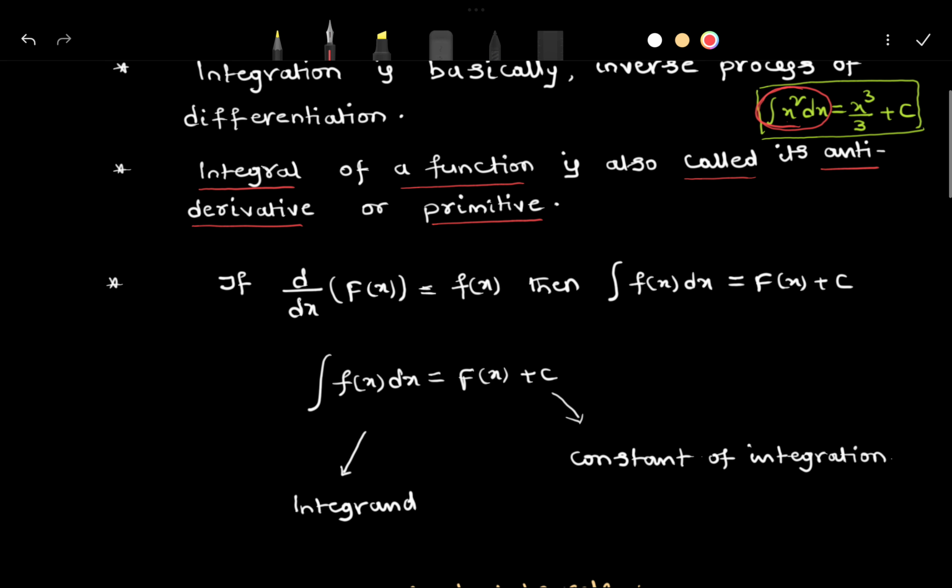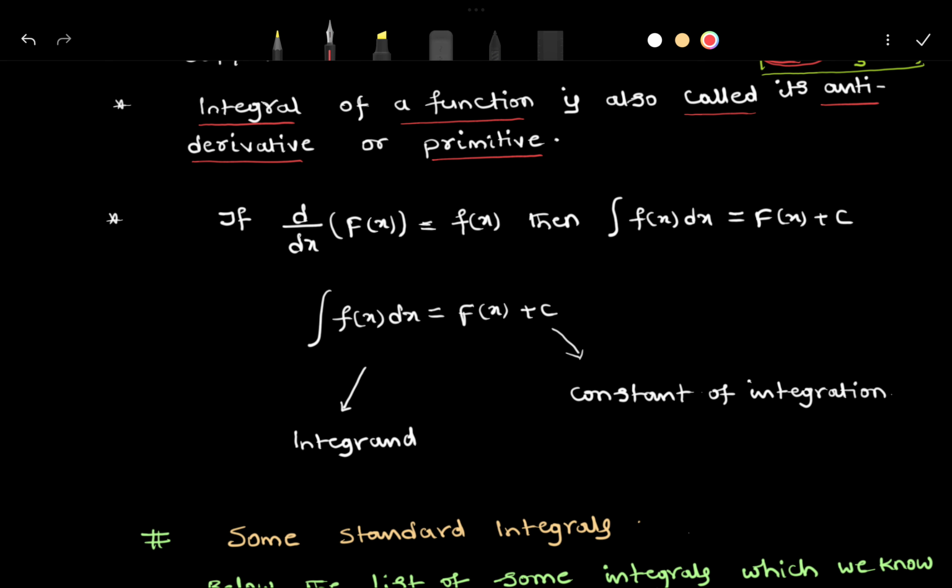Now coming to the definition. If d by dx of capital F of x is equal to small f of x, then the integration of small f of x will be capital F of x plus c. This is the definition of the integration of small f of x. The integration of small f of x is capital F of x plus c.